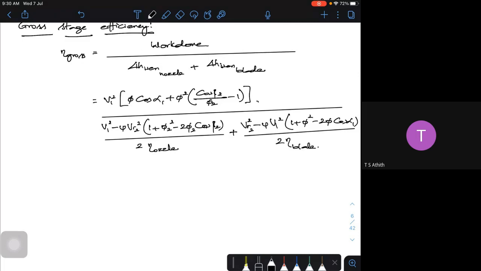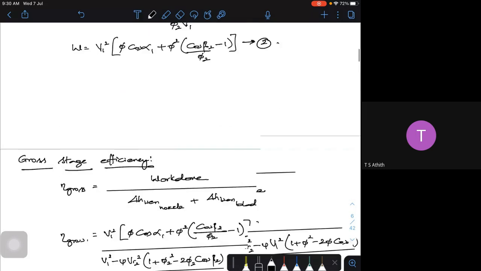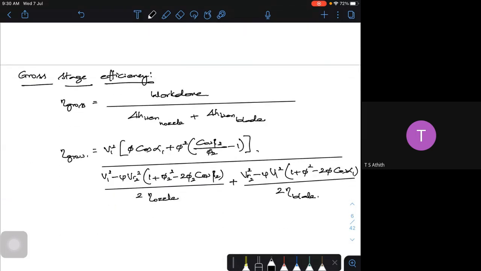This is the expression for your gross stage efficiency. Let me call that equation number 3. It is a lengthy and complex expression.